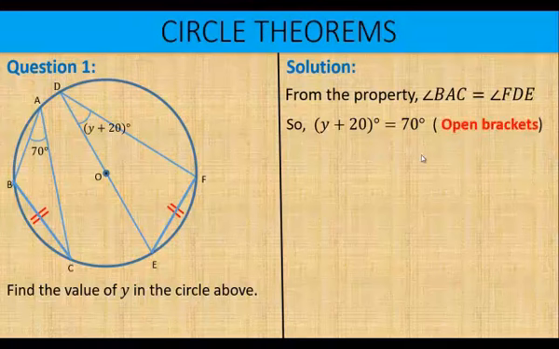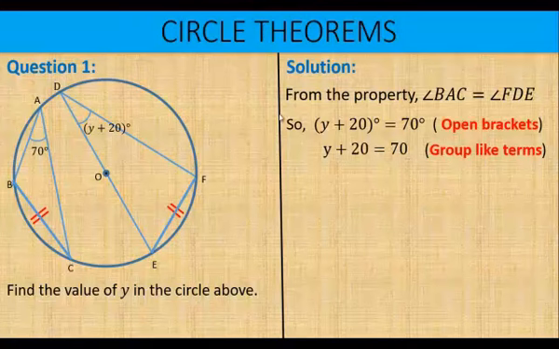Then we open the brackets so that we get y + 20 is equal to 70. And then we group like terms. Grouping like terms is not done by magic. We want y to be at the left hand side and we want 20 to be at the right hand side. So because 20 is positive here, we have to subtract 20 from both sides of the equation.